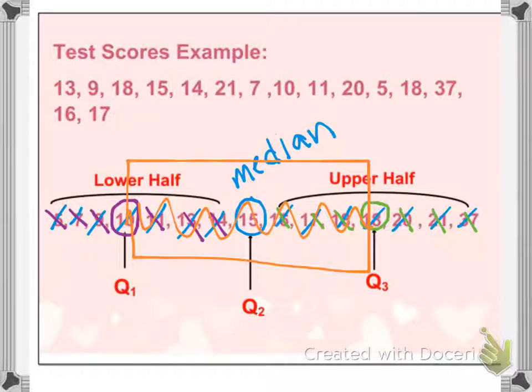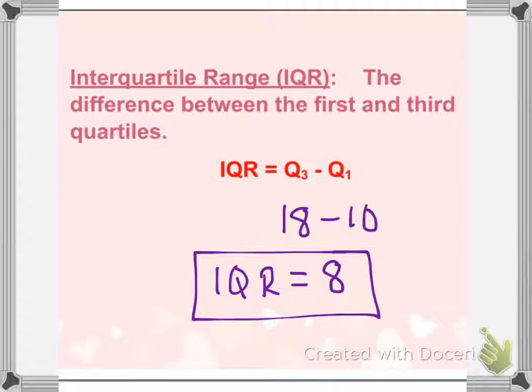So to find the IQR, the interquartile range, it wants to know how many numbers fall within these quartiles, Q1 and Q3. So you take Q3, the bigger one, and subtract Q1. So in our case, Q3 was 18 and Q1 was 10, and 18 minus 10 was 8. So the interquartile range was 8. So 8 numbers fall within that middle part of our data.